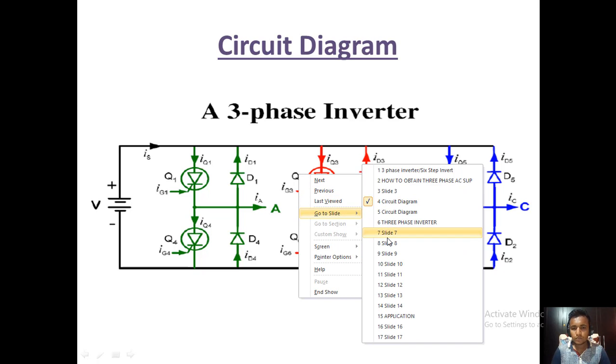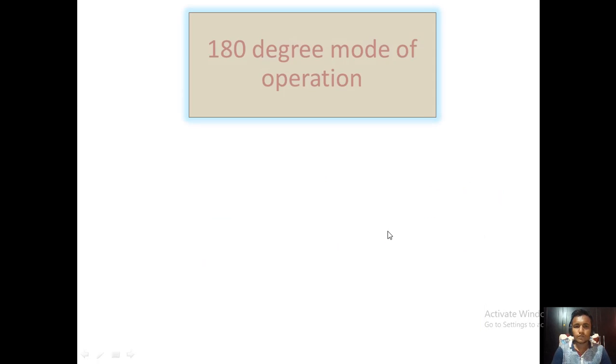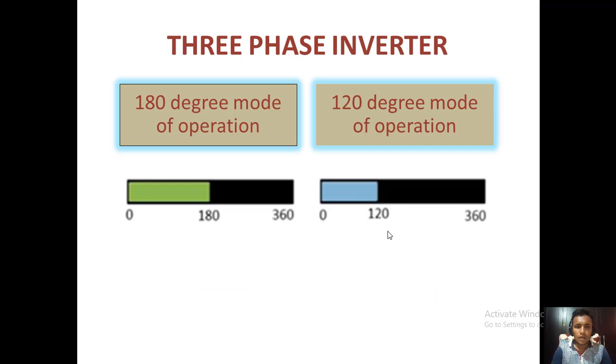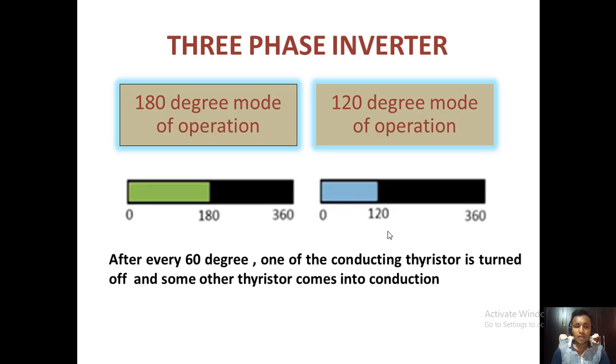Now in 180-degree mode of conduction, after every 60 degrees, one of the conducting thyristors is turned off and another thyristor comes into conduction. Means after every 60 degrees, one thyristor is turned on and another thyristor is turned off. We have seen this in the waveforms.